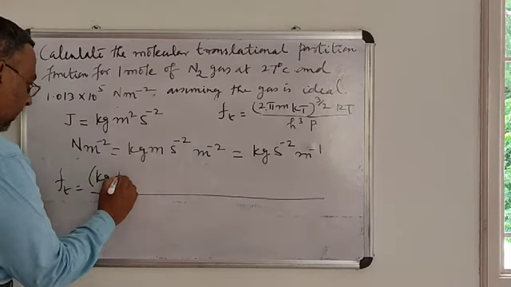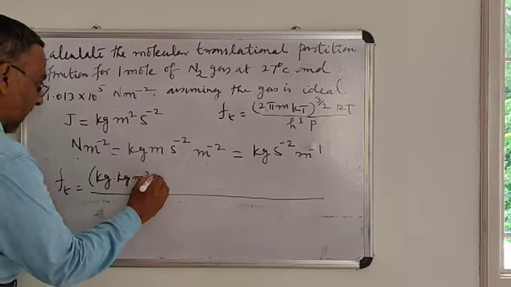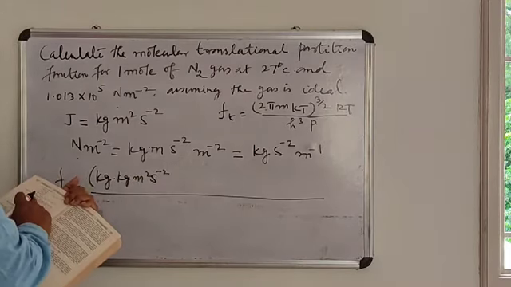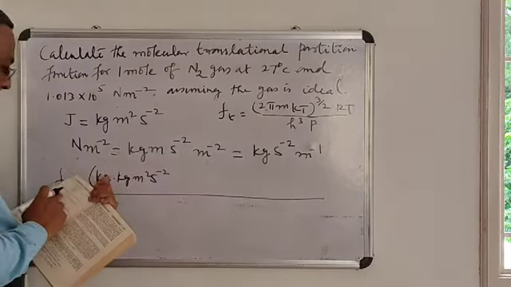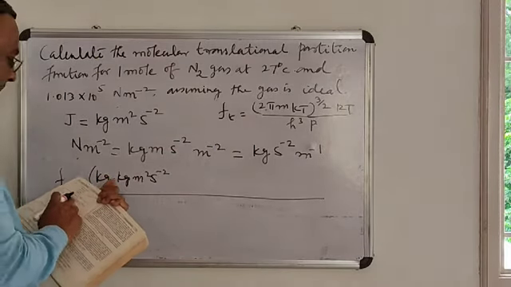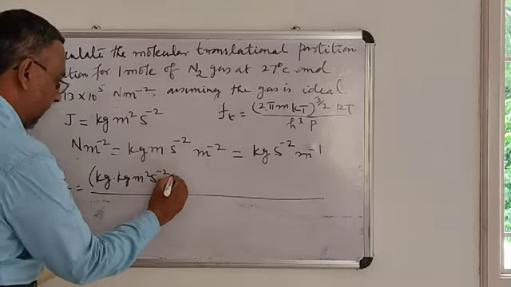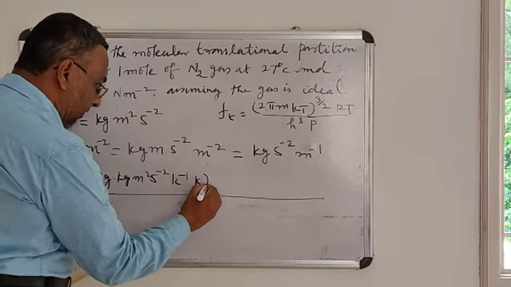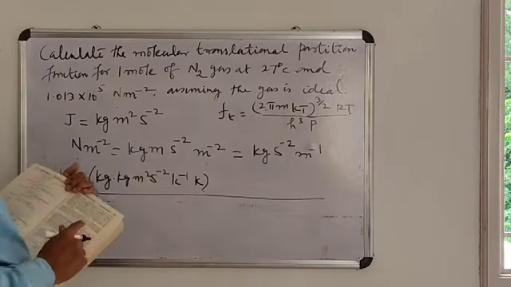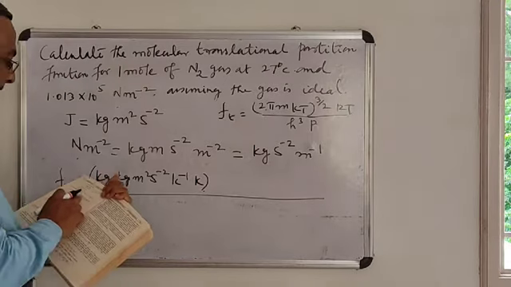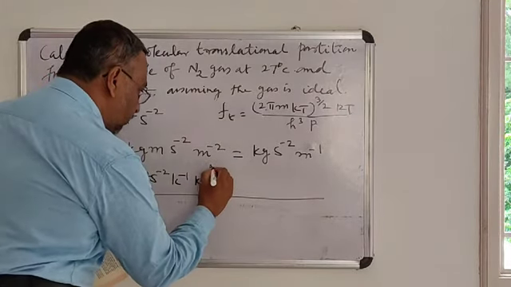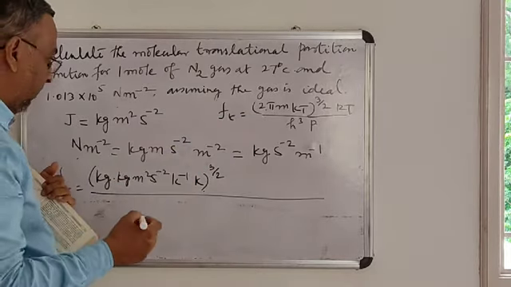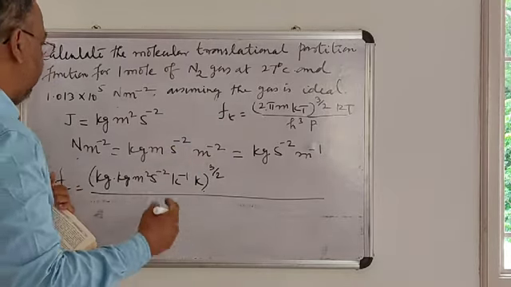This one, kilogram meter square second power minus 2, per Kelvin, and here temperature is Kelvin. This is mass and temperature, and this is power 3 by 2. And R is gas constant. What is gas constant? Joules per Kelvin per mole.